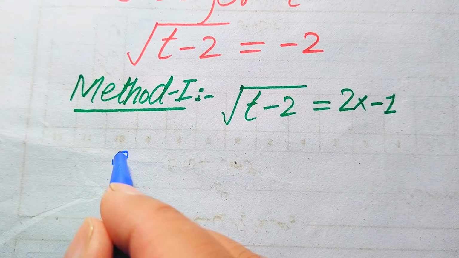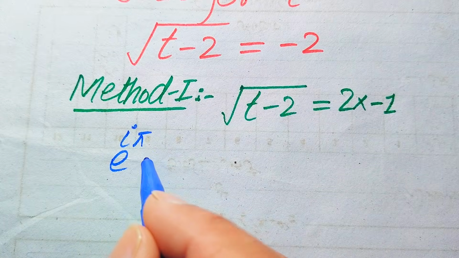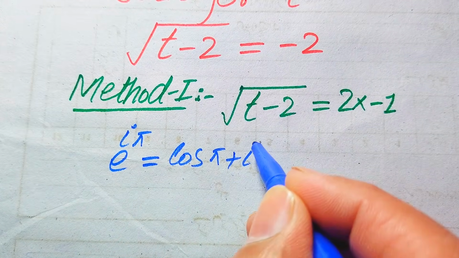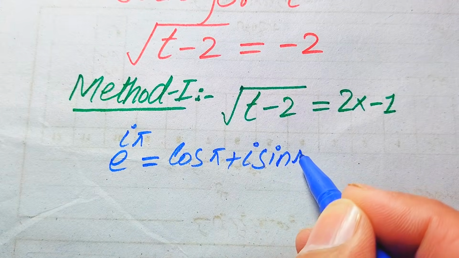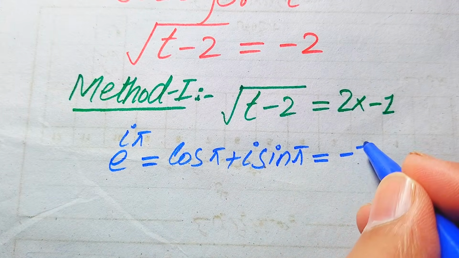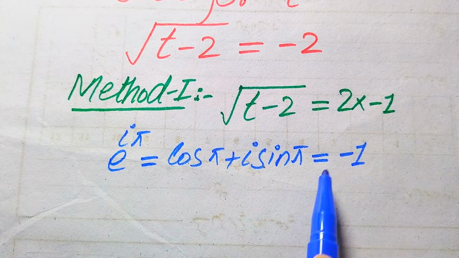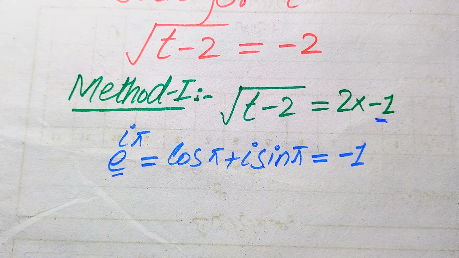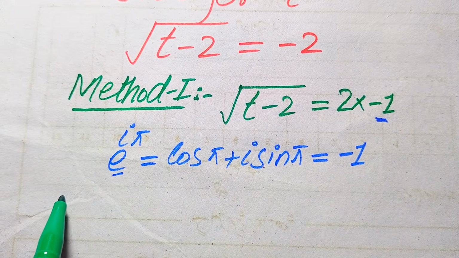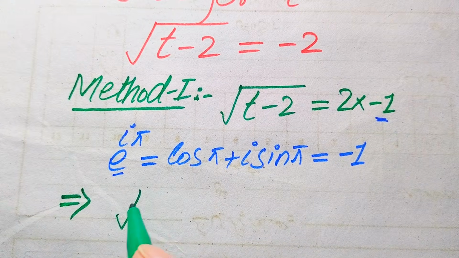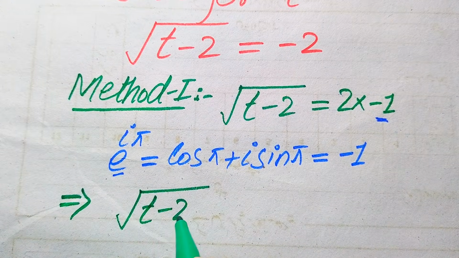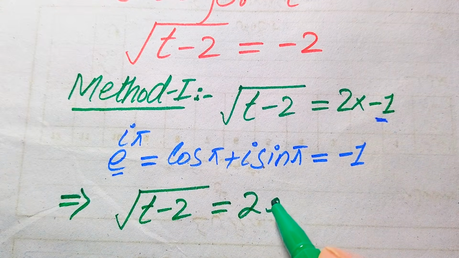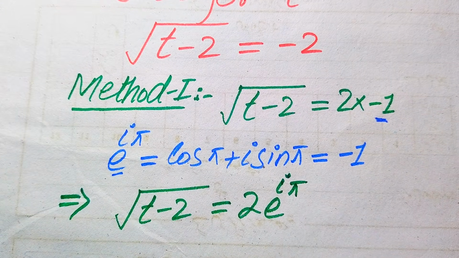You know that e to the power of iota pi is equal to cos pi plus iota sine pi, and this is equal to minus 1. So we replace minus 1 with e to the power of iota pi, and the equation becomes the square root of t minus 2 is equal to 2 times e to the power of iota pi.